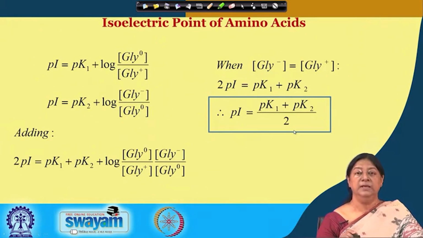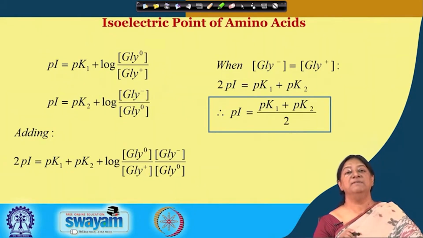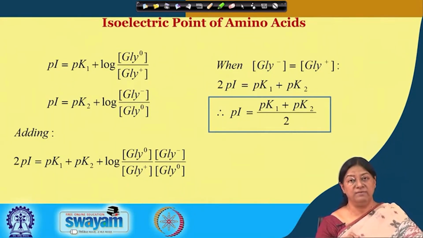What does this mean? It means that if we have knowledge of the pK1 value and the pK2 value of an amino acid, we can determine what the isoelectric point is.